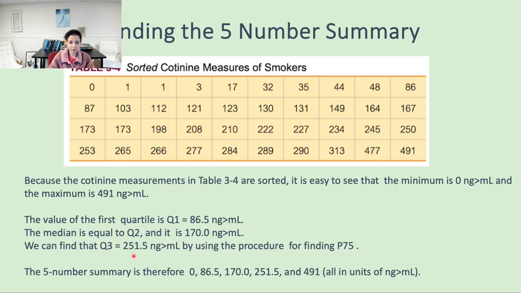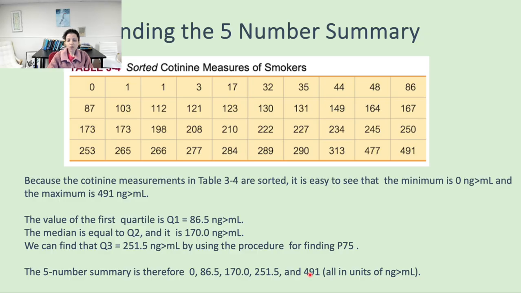Let's practice this. Let's find a 5-number summary for our table. The minimum value on this table is 0. Our maximum is 491.